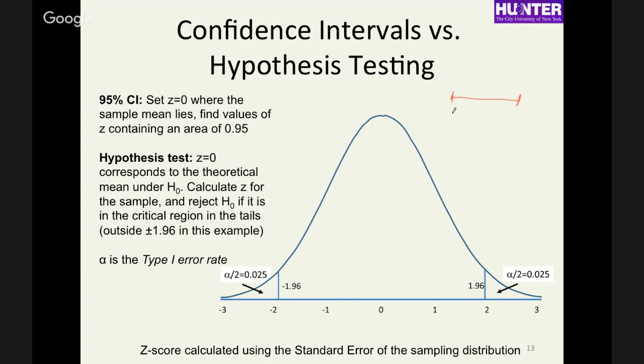But between, say, 38 and 48, and H0 is that mu equals 36, and you're going to reject your null hypothesis based on your confidence interval because your hypothesized value lies outside of the confidence interval.